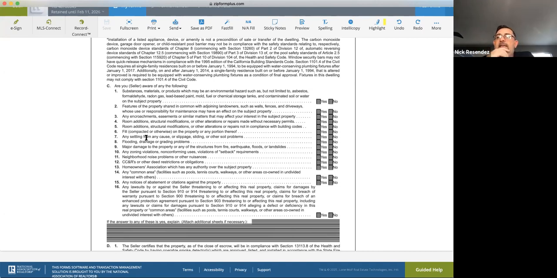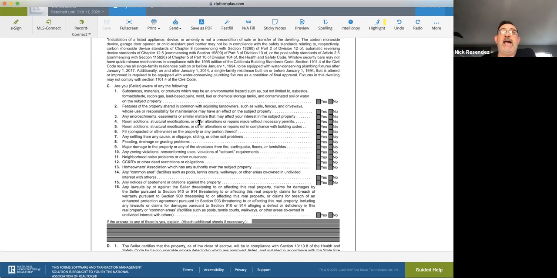And paragraph C is where we're looking at things that are basically other compliance issues or other things of note. Okay, so number 1 talks about environmental hazards like asbestos or radon gas, lead-based paint. 2 talks about whether there's any features of the property shared in common with adjoining landowners. I mean, that's almost always a yes, right?